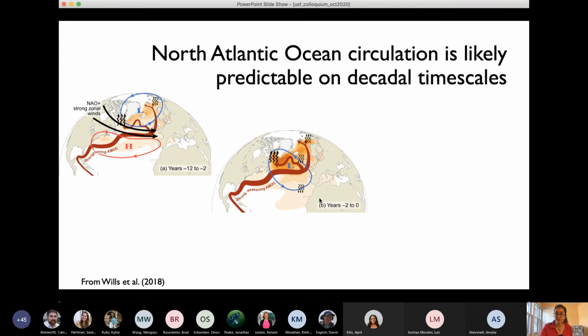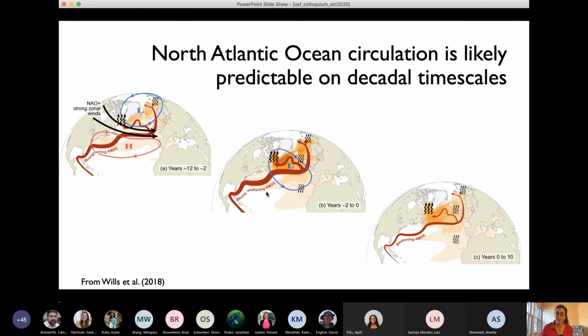So the ocean heat convergence is way up here in the subpolar North Atlantic, but you're driving a circulation response in the subtropics. And that circulation response warms up also what's going on in the subtropics. Any of the climate impacts that are attached to sea surface temperatures in the subpolar or the subtropical North Atlantic will then feel the effect in this climate variability and respond.